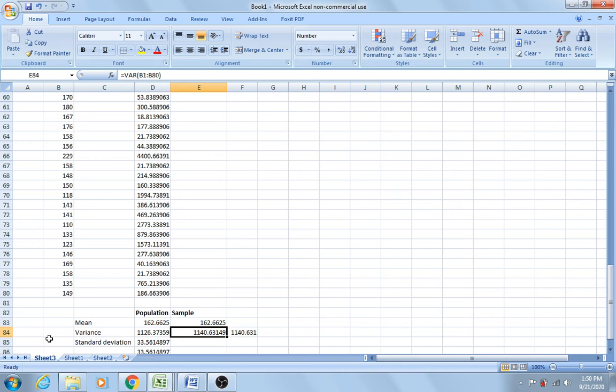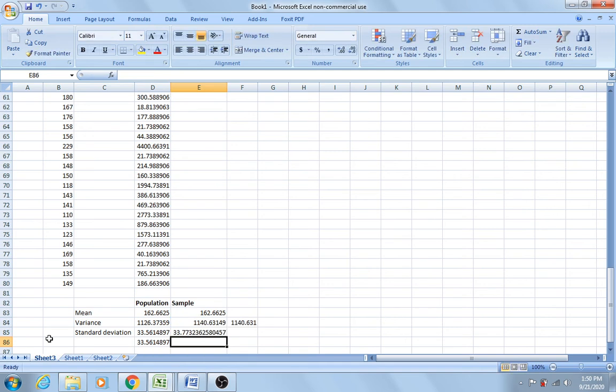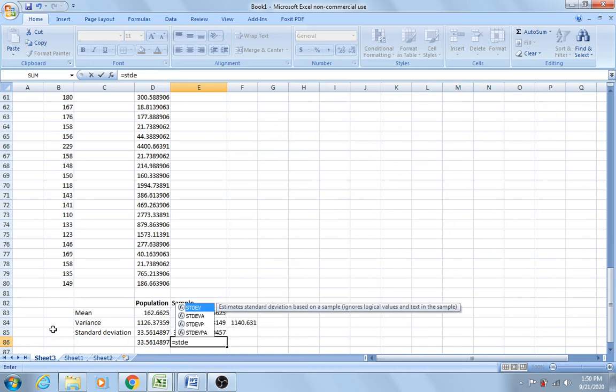Of course it is easier if you just use the variance formula in Microsoft Excel. The standard deviation should be the square root of the variance. So it is different to the standard deviation of the population, or you can use this formula, STDEV.S, or as STDEVS if you have a different version of Microsoft Excel than what I have now.